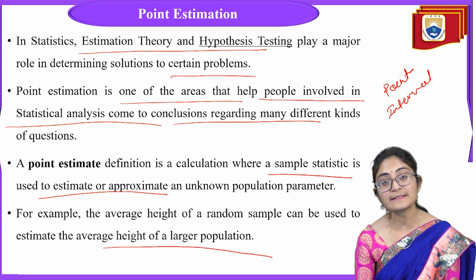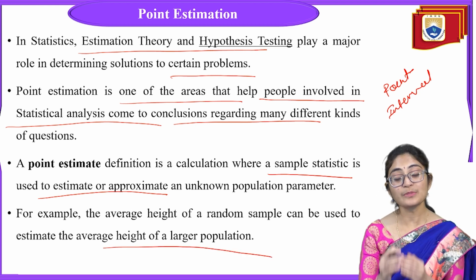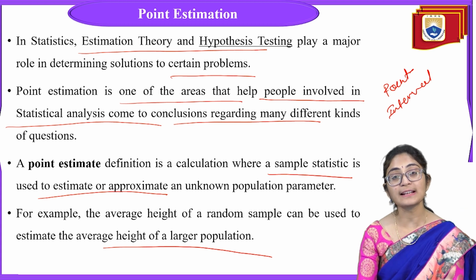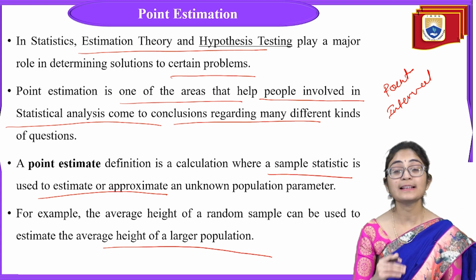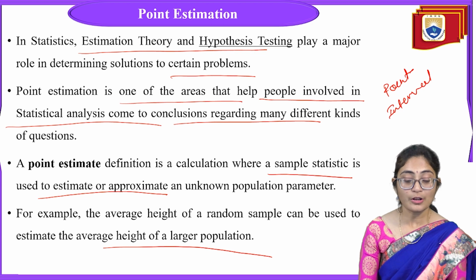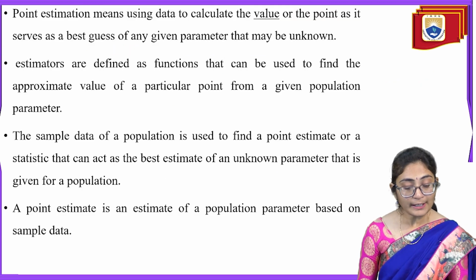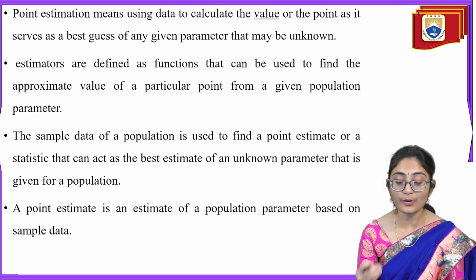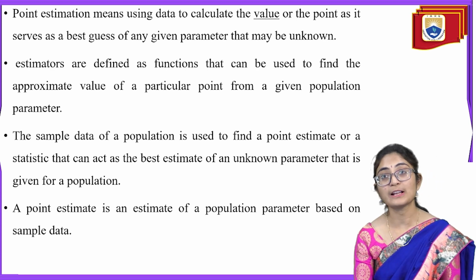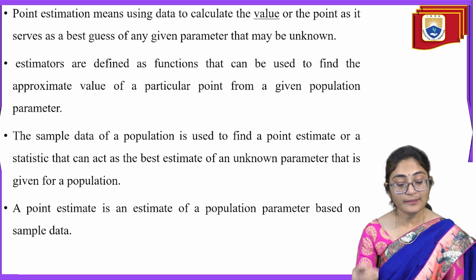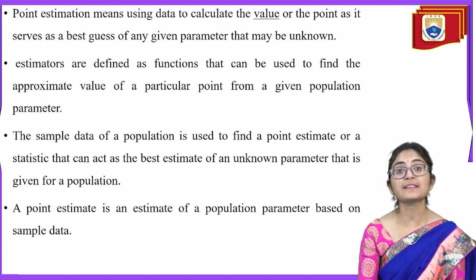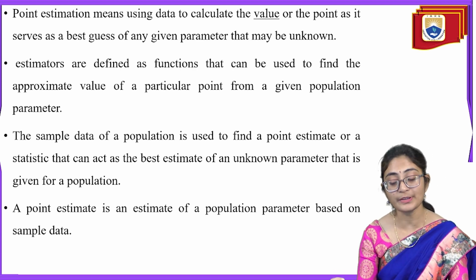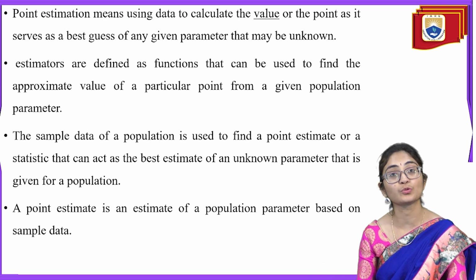This is your point estimation. That means we are finding out, analyzing, and predicting some conclusions. In point estimation, we use data to calculate a value or point that can serve as a best guess of a given parameter that may be unknown.